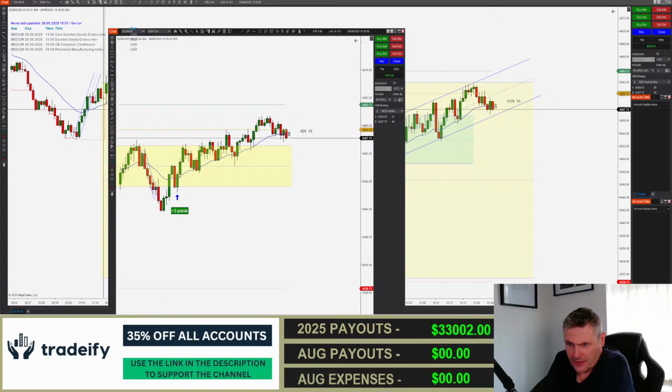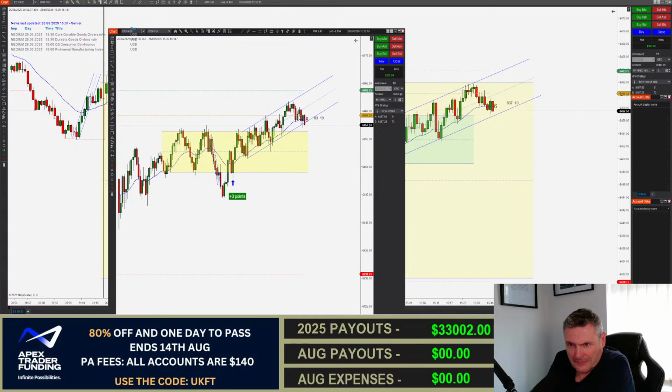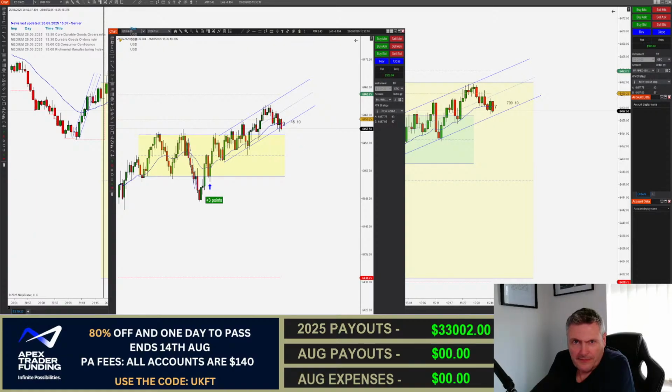Here, 2 legs down. Didn't look too bad. I was still expecting it to test these highs, but it's not triggered. Surprisingly enough.